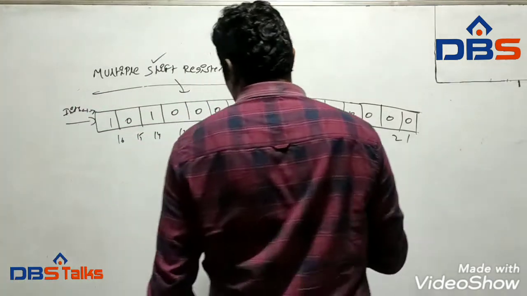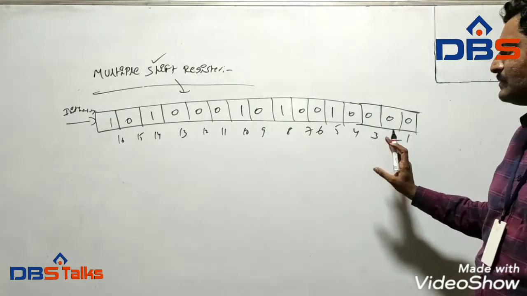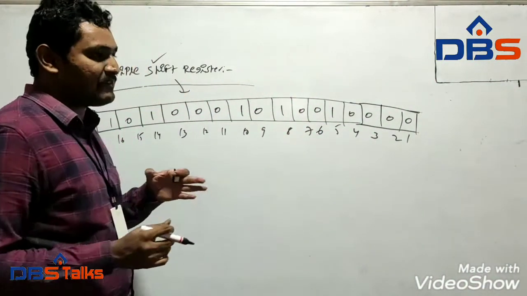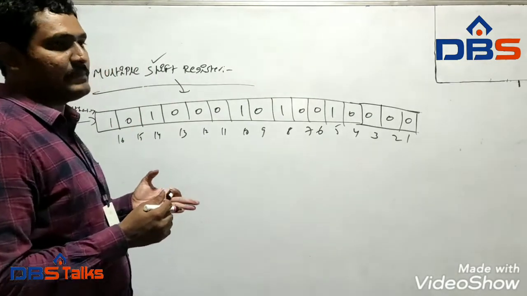So here I have to shift, that means I have to insert 3 bits at a time.